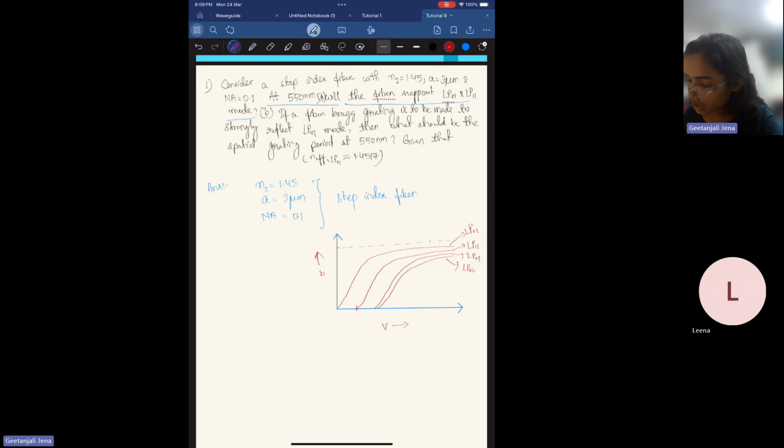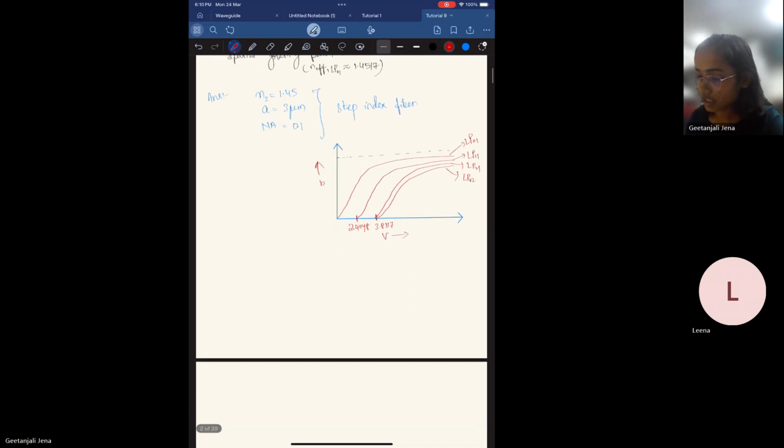The cutoff for LP11 is 2.4048, and LP21 and LP02 have the same cutoff value, which is 3.8317. And the LP01 mode doesn't have any cutoff.